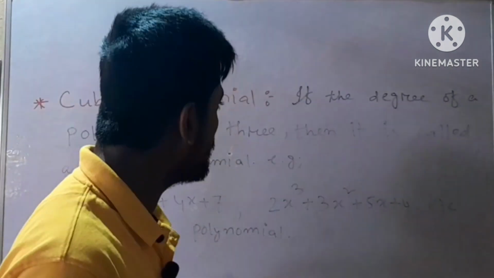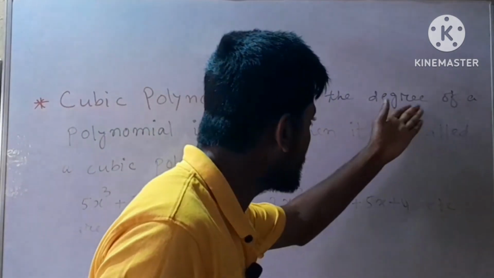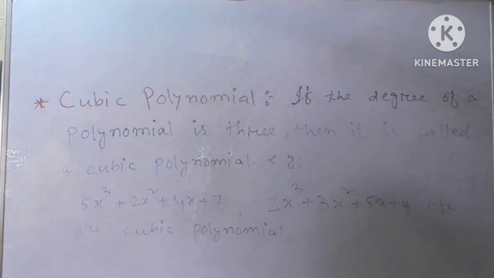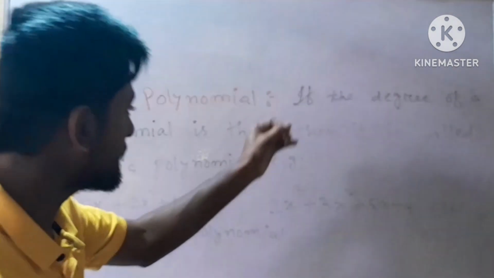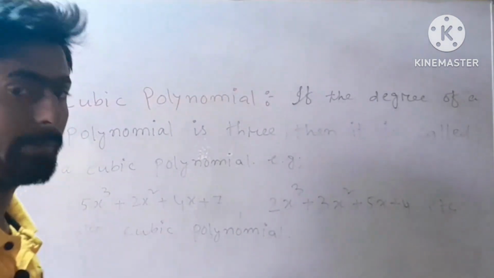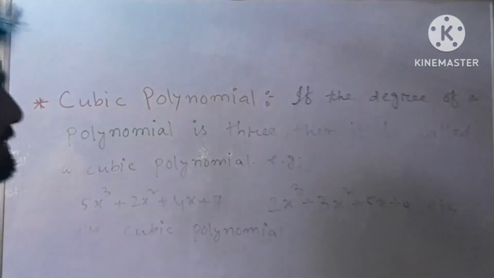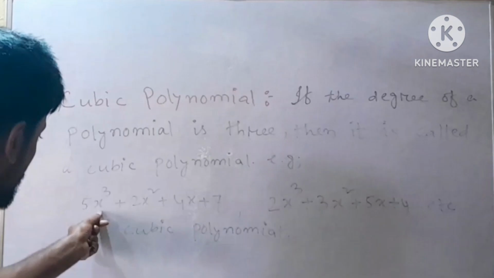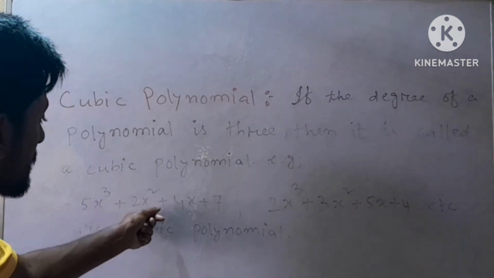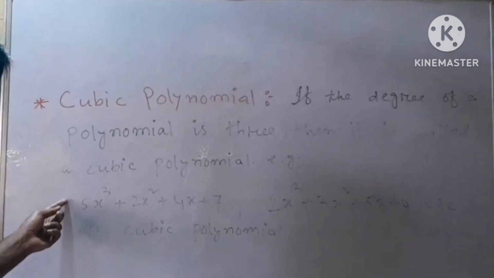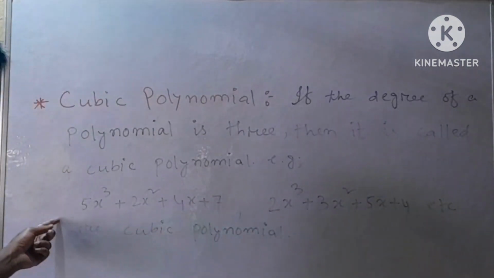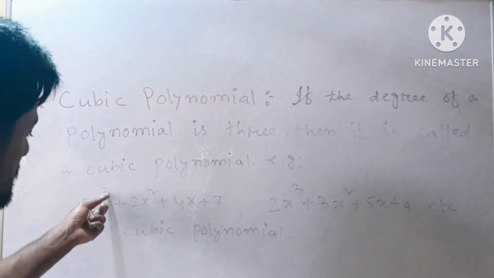Next, you see, cubic polynomial. What is a cubic polynomial? If the degree of a polynomial is 3, then it is called a cubic polynomial. Here some examples are given. You see 5x cube plus 2x square plus 4x plus 7. The maximum power of the variable in this polynomial is 3.